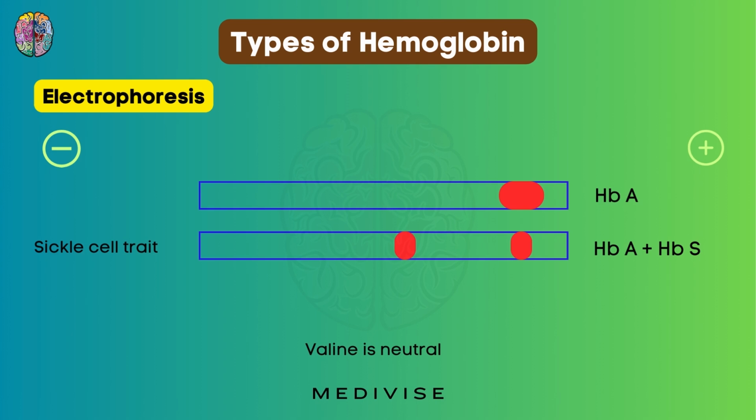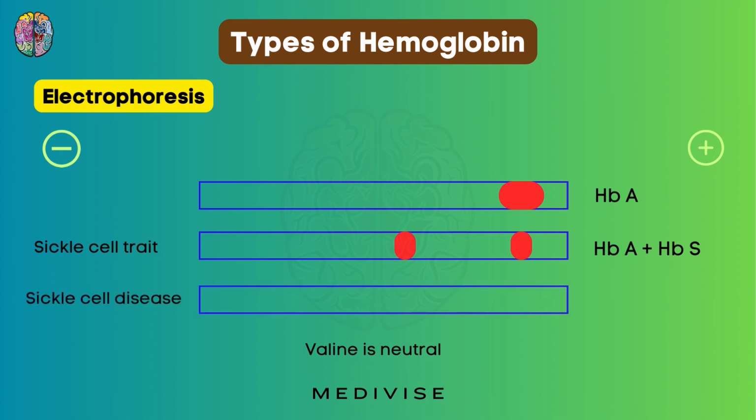Some of the hemoglobin that is normal will be found where HbA is normally found. But the abnormal hemoglobin, which contains valine, will be more towards the negative pole. And why is that? Because valine is neutral. Now you have to answer this. What happens if a person has sickle cell disease? I'll give you a few seconds to think.